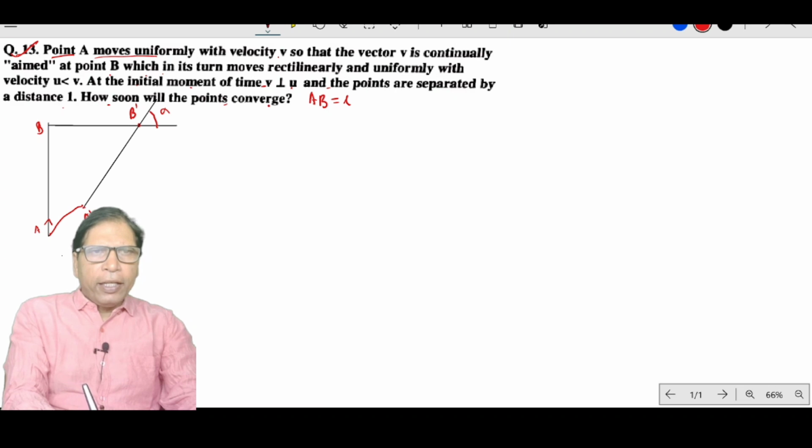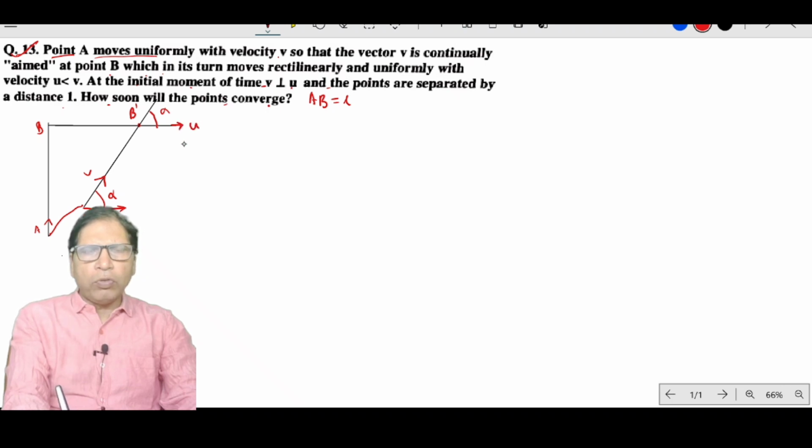This angle is also alpha. Here the velocity along this direction is v, and here the velocity is u. So the component of velocity v along this direction is v cos alpha.